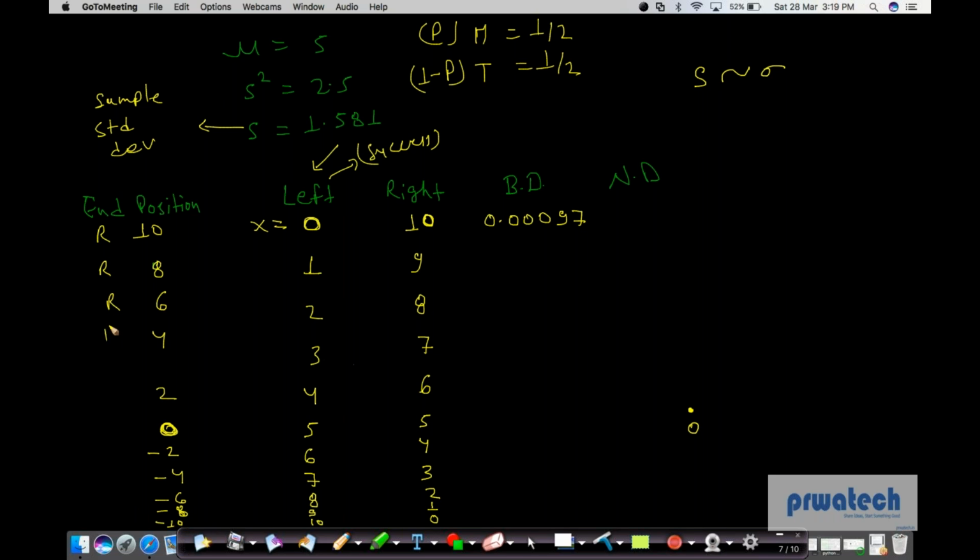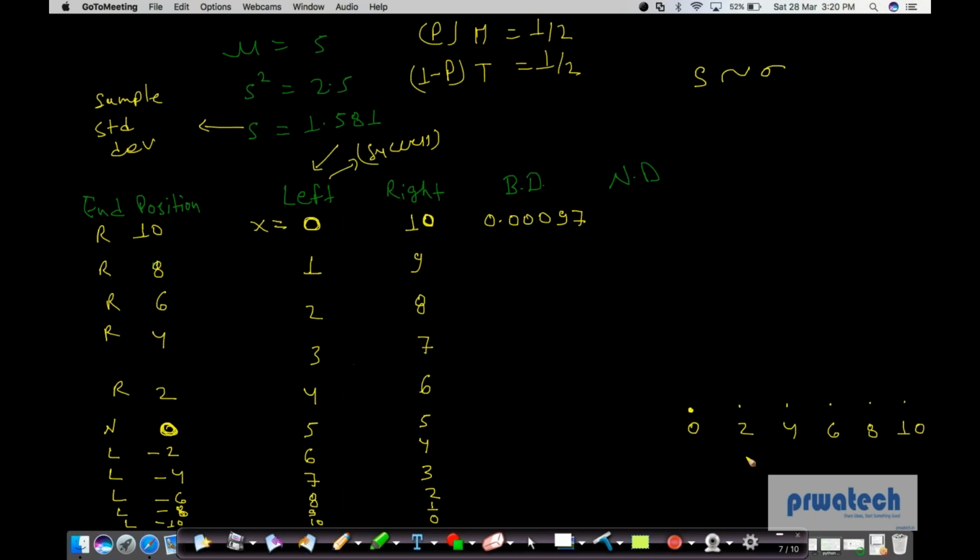If I write this is right, this is right, this is right, this is nowhere, this is my neutral position. I'll say neutral. This is my left, left, left, left, left. Now 0. So here I have my end position as 2, minus 2, 2, 4, 6, 8, 10.